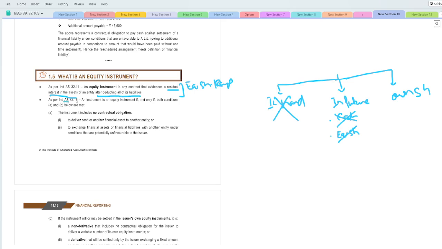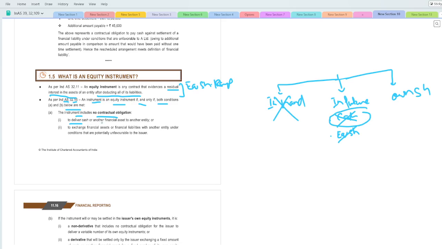As per Ind AS 32, paragraph 16, an instrument is an equity instrument if and only if both conditions A and B are satisfied. The instrument has no contractual obligation to deliver cash. If you are paying cash, that means it will not come under the equity instrument. It will go under the financial liability.